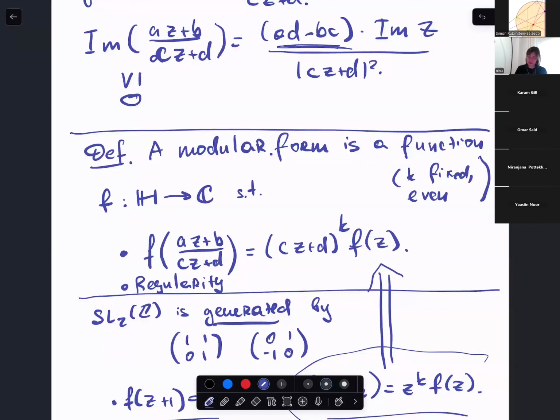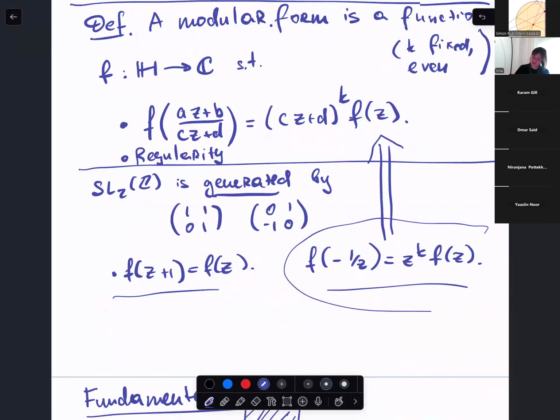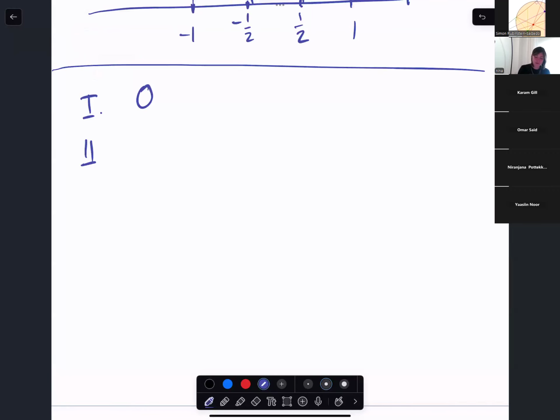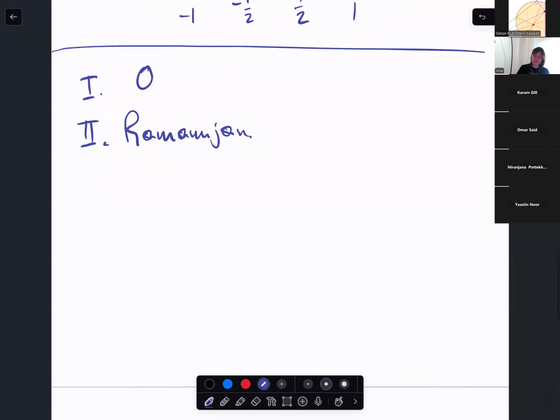I don't know, just stare at it for a second to see it. Another example is the function of Ramanujan, which, again, it's unclear how he arrived at it, because to my understanding, he did not know what a modular form was at that point, but he found it.